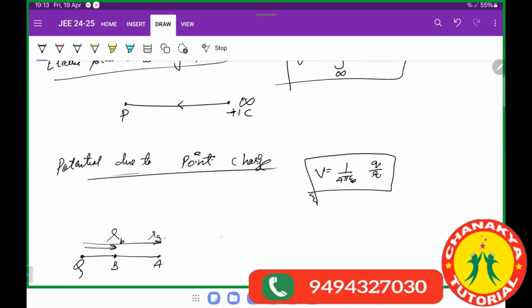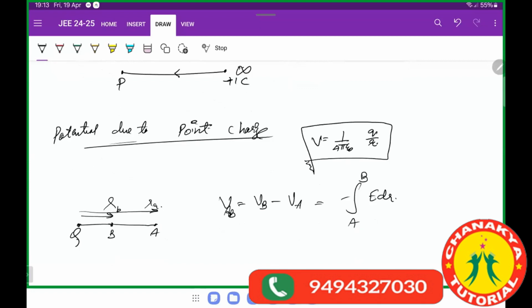So this formula will become VAB equals VB minus VA, which is the integral from A to B of minus E dr. E we know, but here Q is common. So let's take minus Q by 4 pi epsilon naught times 1 by RB minus 1 by RA. That's it.